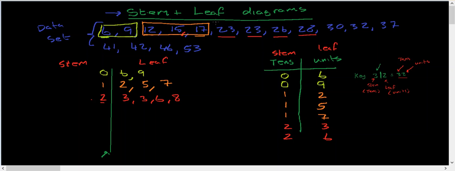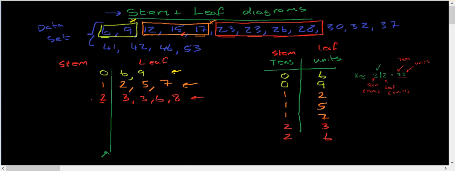So again, this here is going to make up this stem and leaf. These guys here are represented by this stem and leaf, and then these guys here are represented by this stem and leaf. So we can continue on doing this.